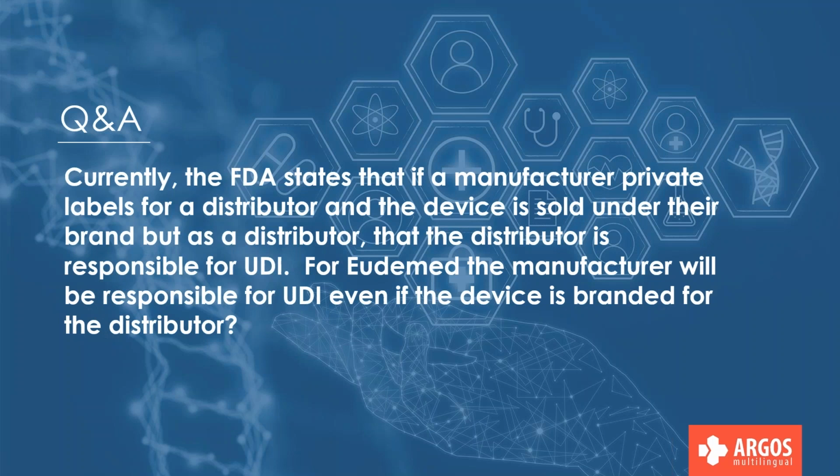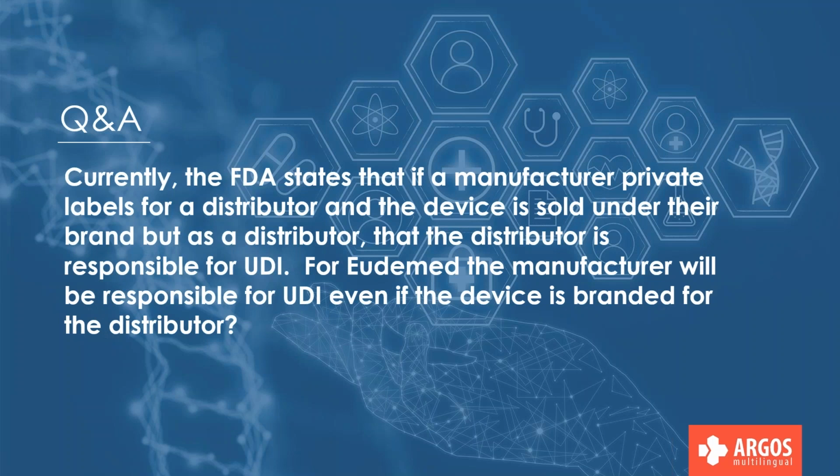If a product is branded for a distributor, or when you say branded, if I'm buying a product from Shannon, let's say Shannon and Argos is making a product, and then I say, hey, I want to distribute this product for you, and it has Shannon and Argos multilingual all over it, but I'm going to put on a label that says distributed by Qualitas, then Argos is responsible for that.